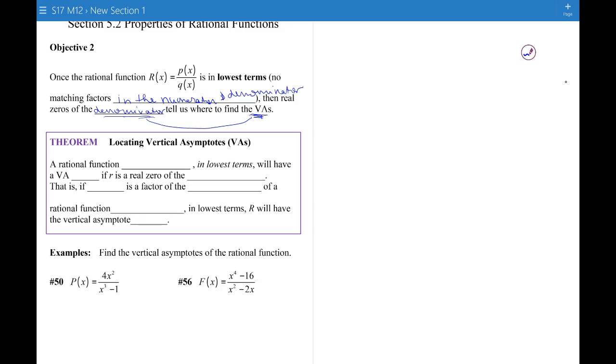So a rational function, r of x equals p of x, a polynomial, over q of x, a polynomial, in lowest terms, will have a vertical asymptote x equals r if x is a real zero of the denominator, q.